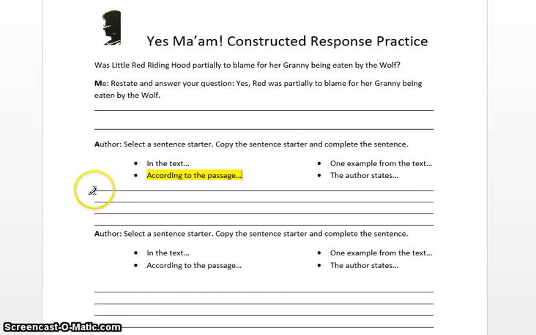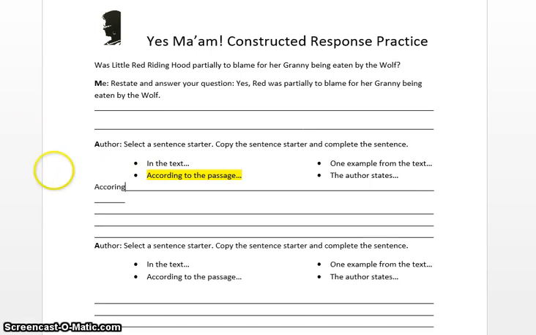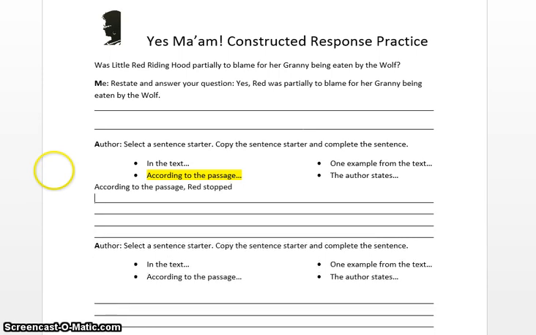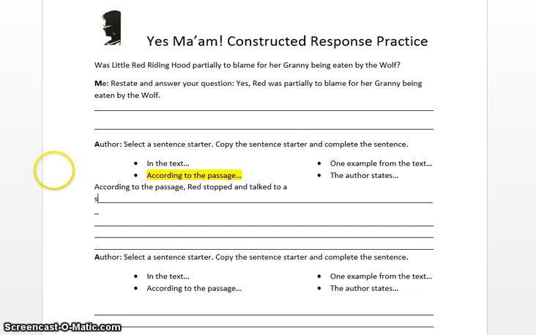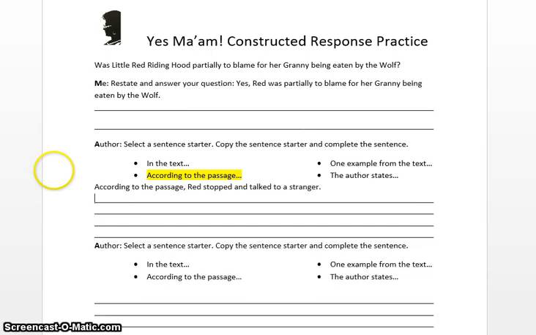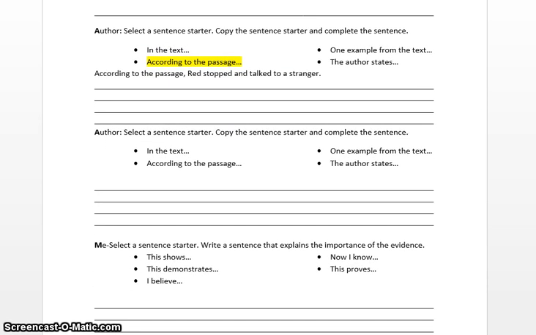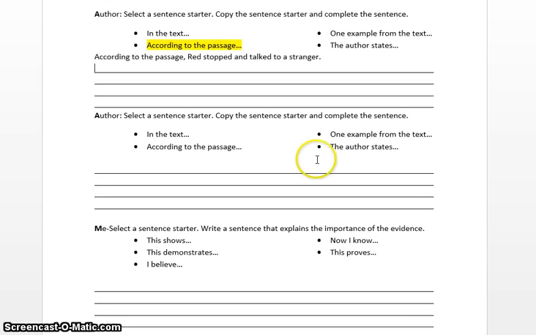According to the passage, Red stopped and talked to a stranger. That is my first piece of evidence to support that it's partially Red's fault.